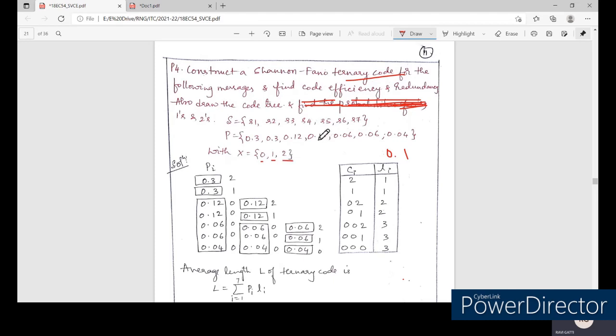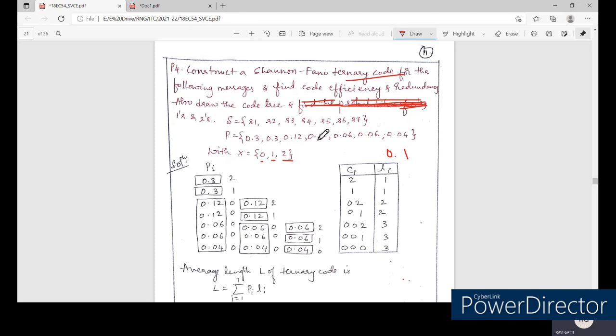In the binary case we divided into only 2 groups, whereas in ternary codes we will be dividing the group of code words into 3 blocks having equal probability. Those are the two differences; the remaining things will remain the same as in the Shannon-Fano binary code representation of the code vectors.